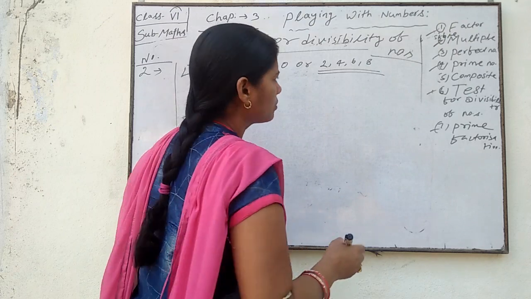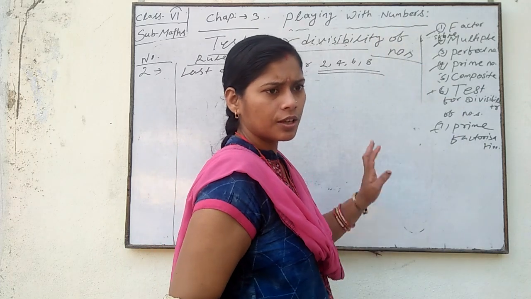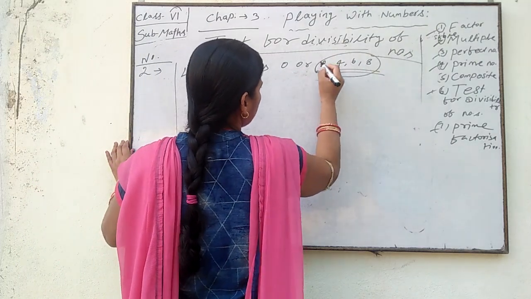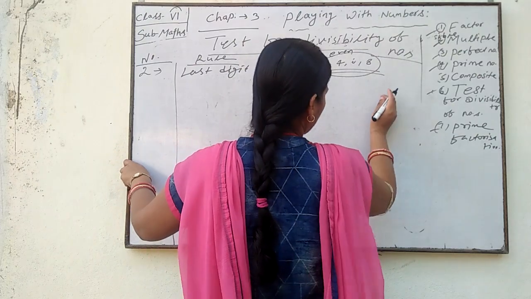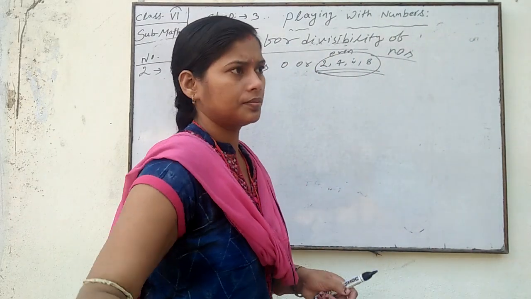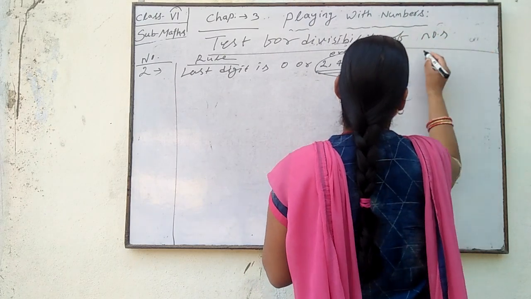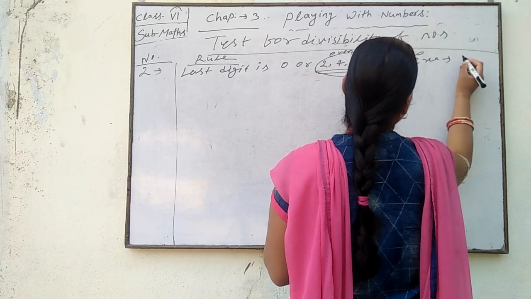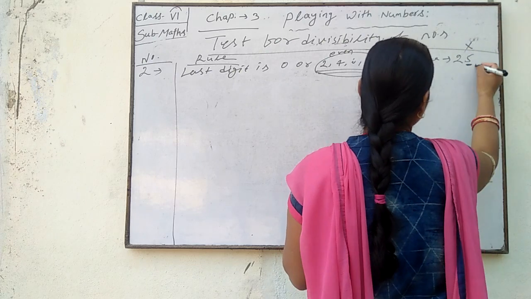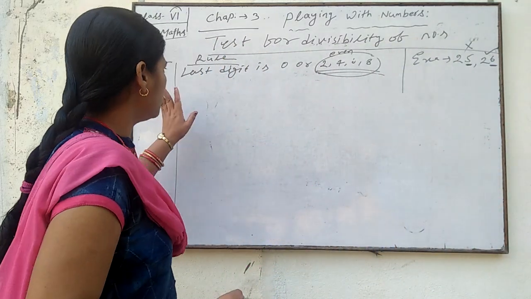Your examples: 25, the last digit is 5, so this is not divisible by 2. 26, the last digit is 6, so this is completely divisible by 2.